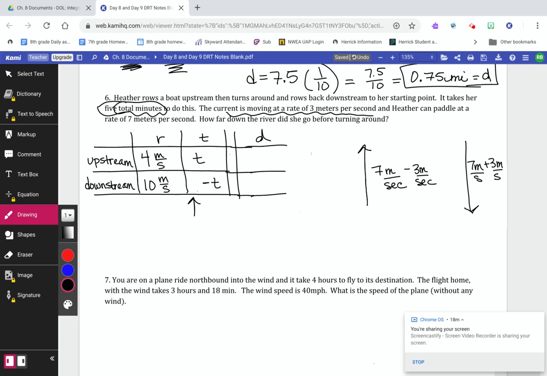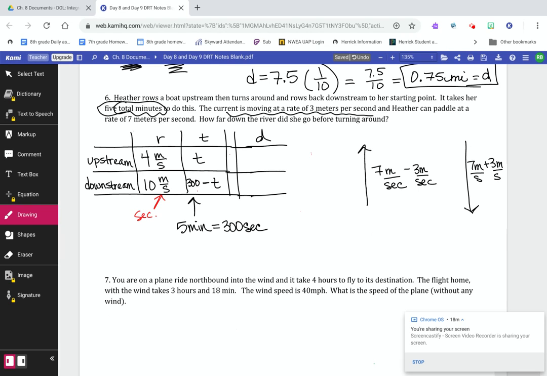I'm not going to write 5 minutes there because everything we're talking about deals with a different unit for time, which is seconds. So I need to make my minutes into seconds. So 5 minutes would be 300 seconds. So I'm going to take 5 minutes total, take away the time it took upstream.